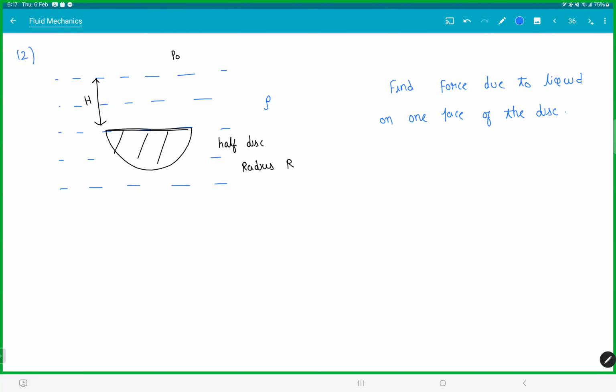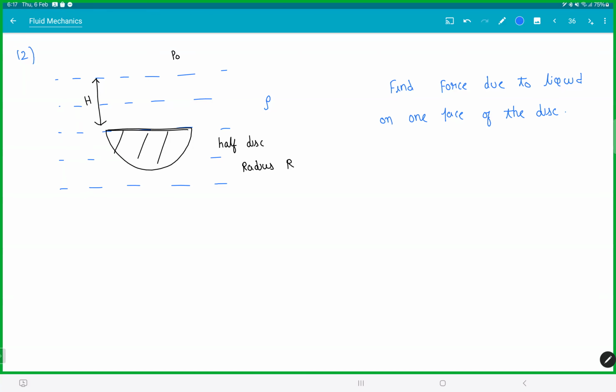Generally, right, Abhinav. Meaning if the diagram is confusing, have a look at my screen. It's like this. If this was the disk, my phone, whatever it is, and I immerse it in the fluid, there are two faces, front and back. This is one face. Now, if I take both of them, they will cancel out, isn't it? You'll get zero. I don't want that. I want force only on one face.